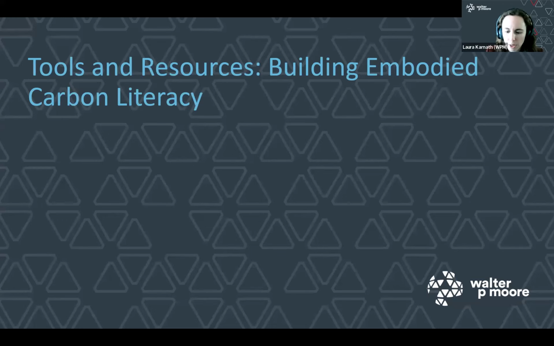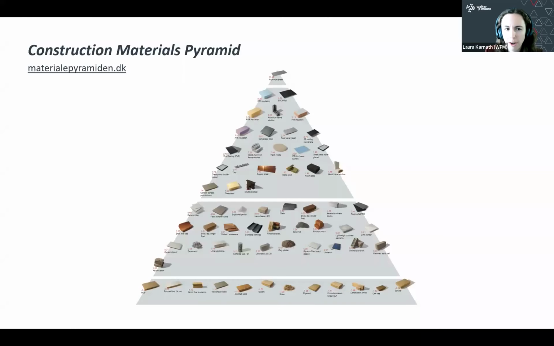If a change is going to be more expensive or less expensive, we don't always have a good sense of the impact that those design decisions have on embodied carbon. So the idea is to start to build your literacy, start to build that sense, so that when you're making design decisions, you can think, ooh, this might increase the embodied carbon. I should go look into that a little bit further.